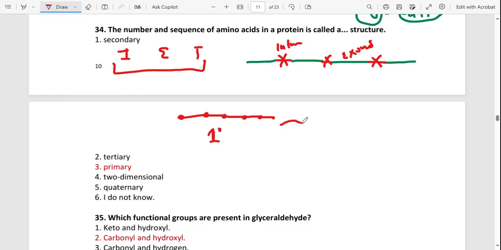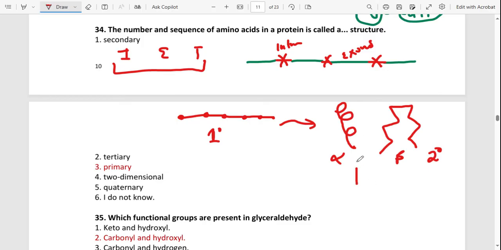The primary structure can end up folding, into something that is going to be spiral, or something that will look like this. We call this the alpha helix, and this the beta pleated sheet. And this shape is the secondary structure. Secondary structure is held by hydrogen bonds. Primary structure is held by peptide bonds.